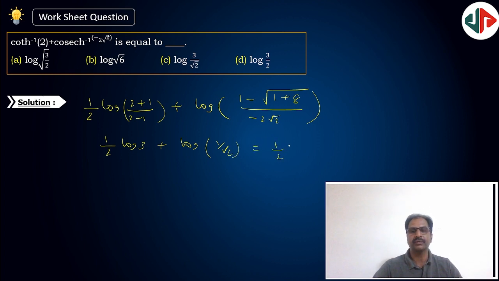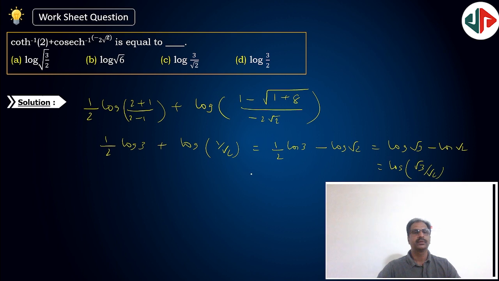So this is half log 3. Log of 1 by root 2 can be written as minus log root 2. Half log 3 can be written as log root 3. So log root 3 minus log root 2. Log m minus log n is log of m by n, root 3 by root 2. So option A is correct.